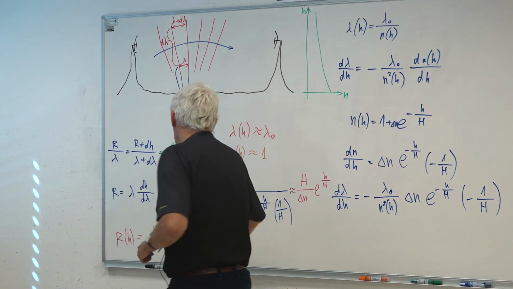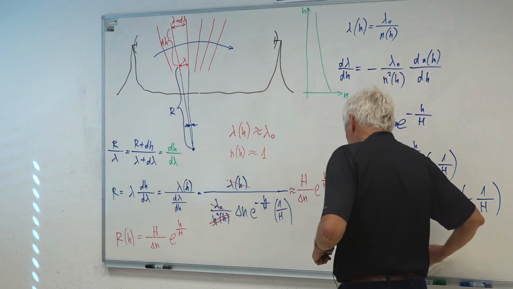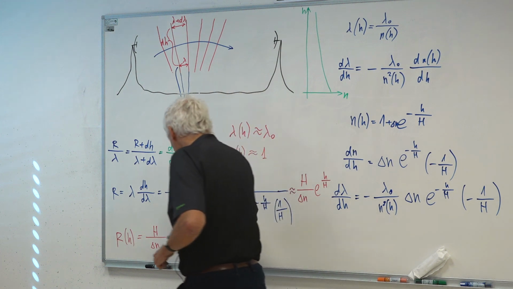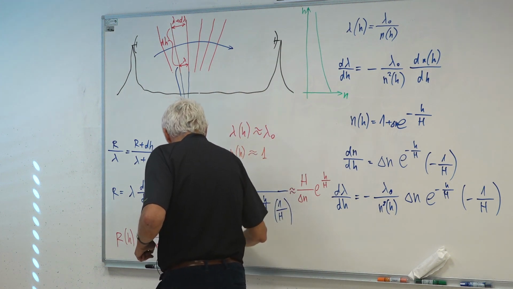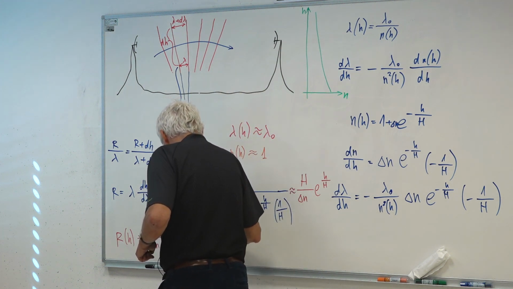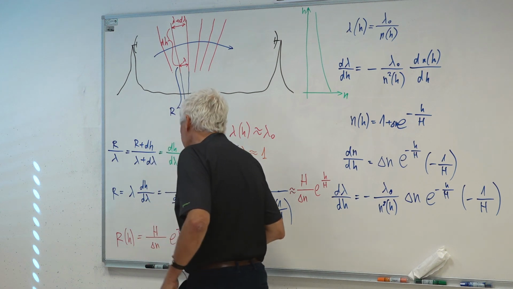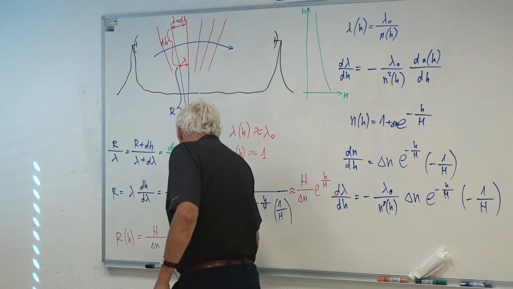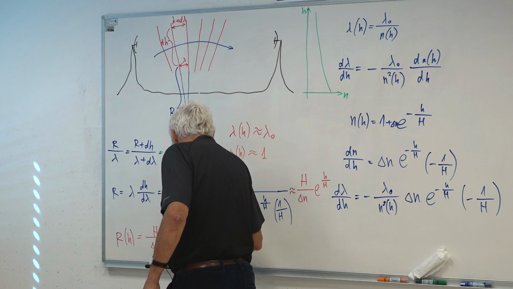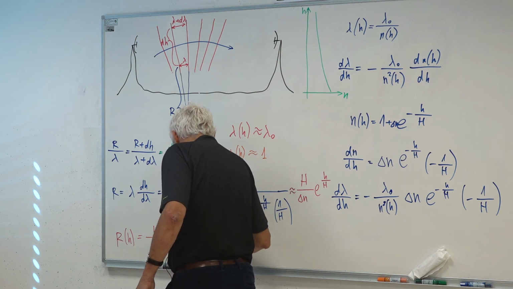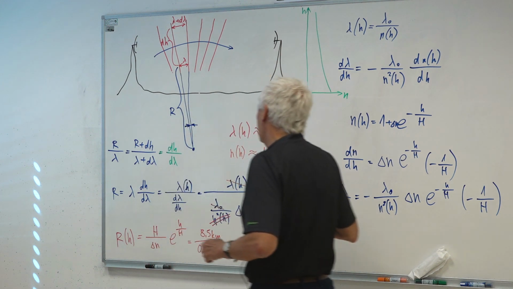Let's try to calculate now this. How much is this? Here I have an overall year average of 8.5 kilometers. Delta n, the average value, is 0.0003 for radio.